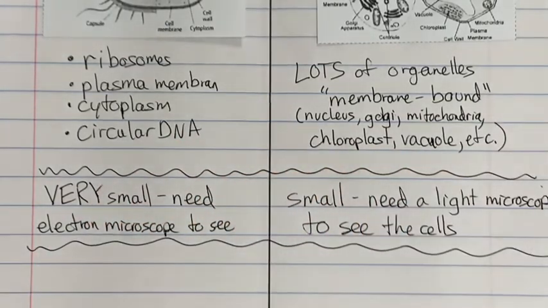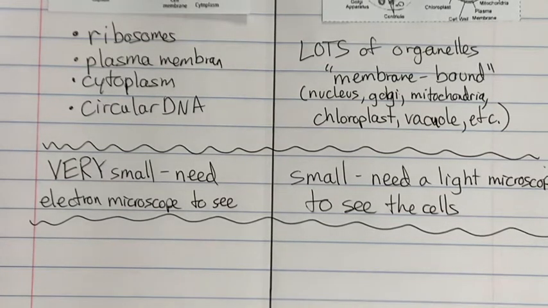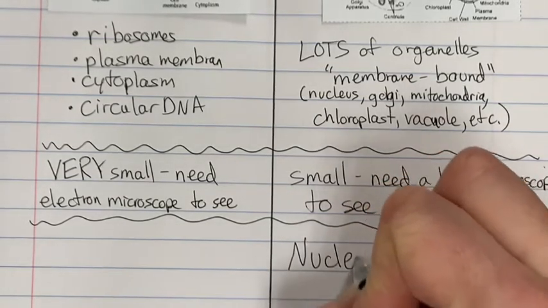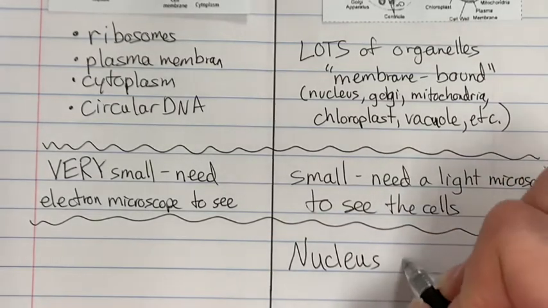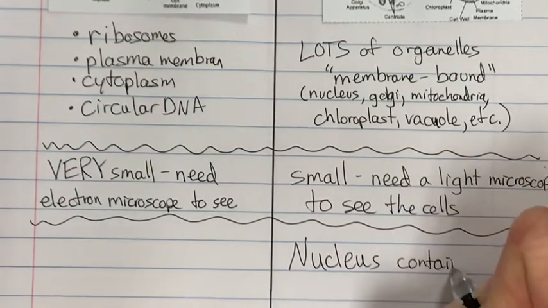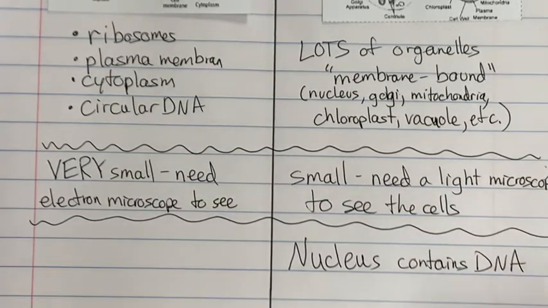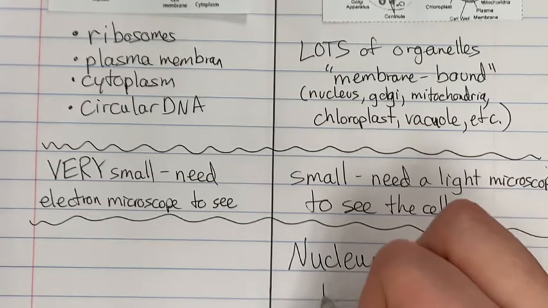Now that we've talked about size, let's talk about the nucleus. Eukaryotic cells have a nucleus. And the nucleus is important because it contains DNA. All right. The DNA inside eukaryotic cells has a linear structure.